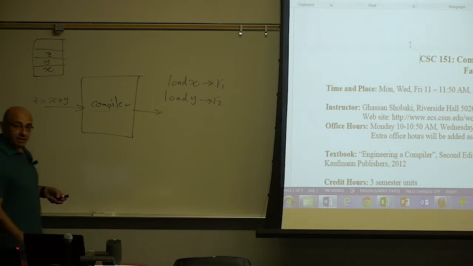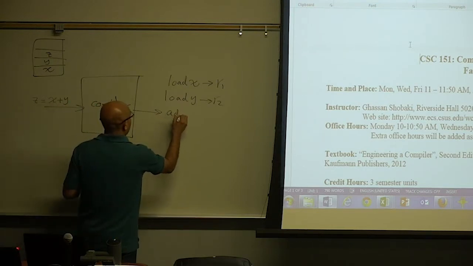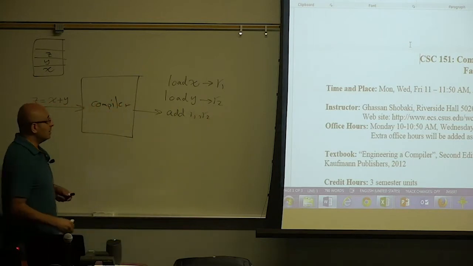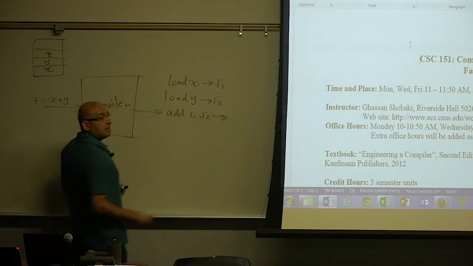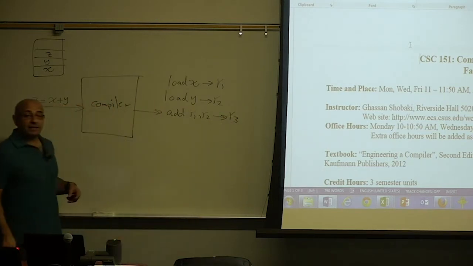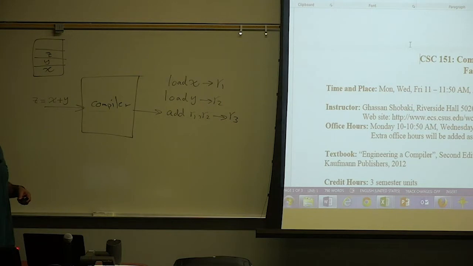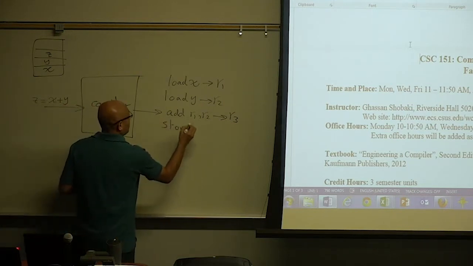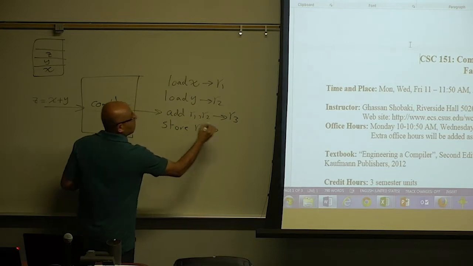Add R1 and R2. And store the result in some other register like R3. And then the final step. Store R3 back to Z. Exactly. Store R3 back into variable Z.